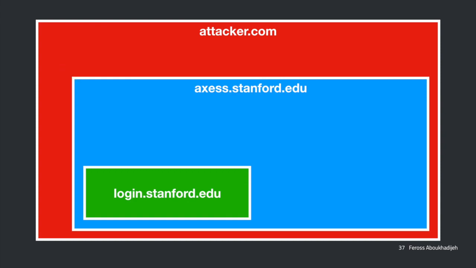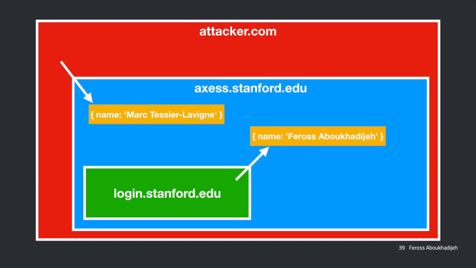So what's going to happen is the attack site is going to send a message and say, hey, this is your name, and login.stanford.edu might also send the message because it doesn't realize that that's already happened. It may be the case that the Access site just trusts the first one it receives and ignores future ones.